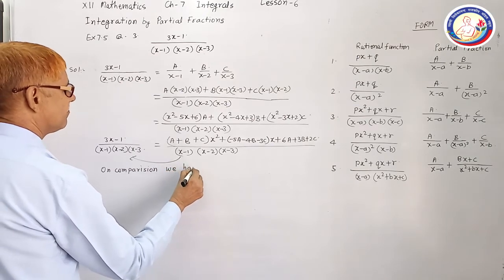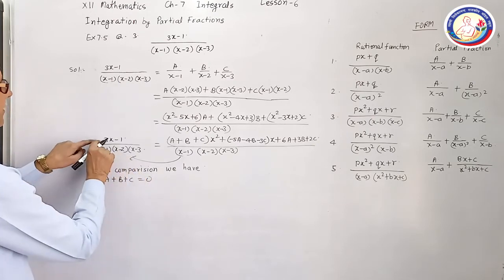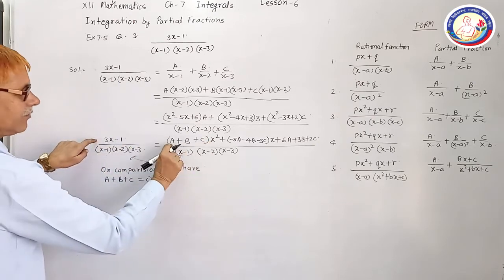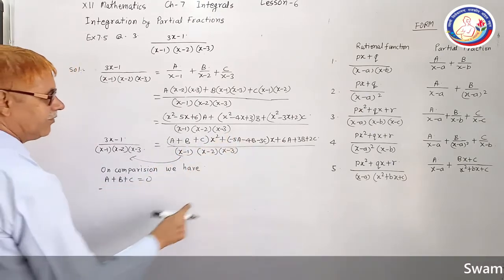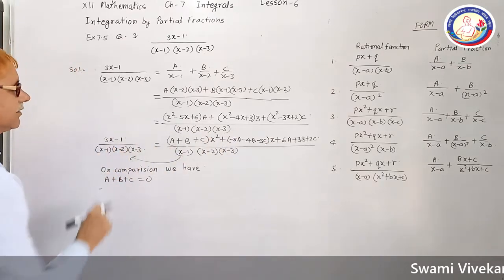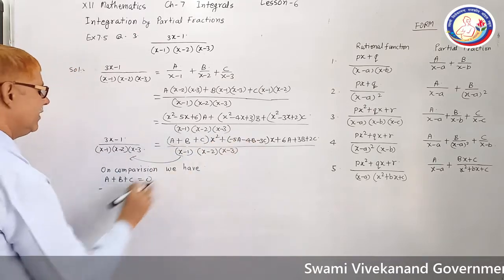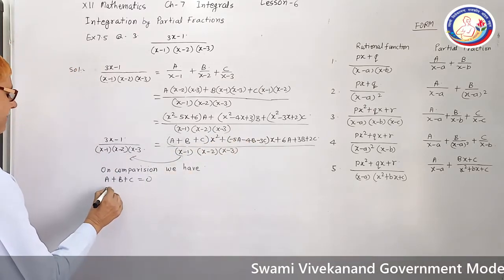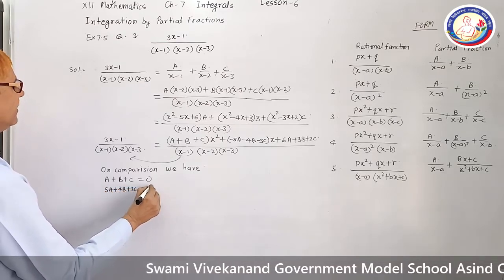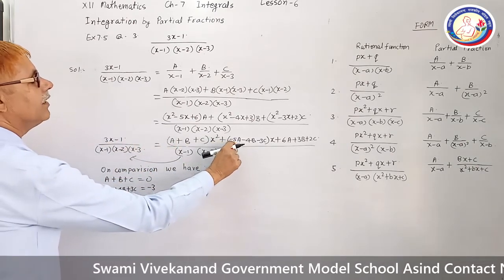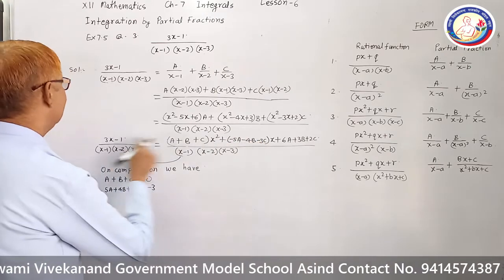We have A plus B plus C equal to 0, because here the coefficient of x square is 0. Here the coefficient is A plus B plus C. Now second, minus 5A minus 4B minus 3C into x is 3x. So we can write 5A plus 4B plus 3C equal to minus 3, because if we take minus outside, it is minus (5A plus 4B plus 3C), and it is 3.